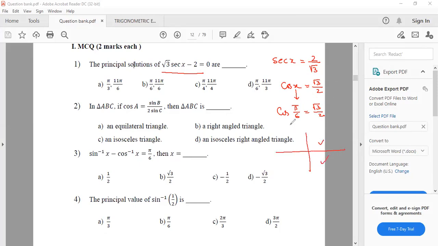The fourth, so the second angle will be 2 pi minus pi by 6. How much is this? 11 pi by 6. Take the LCM. Yes, option B. So what are the two answers? Pi by 6 and 11 pi by 6. Everybody followed? Yes, sir.